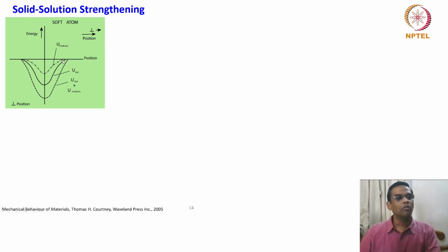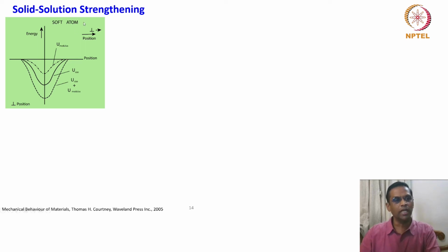What you are seeing here is the energy of the modulus, how it varies with the dislocation position. We were just looking at the modulus, and suppose we look at the size plus modulus, how they compare in terms of energy.